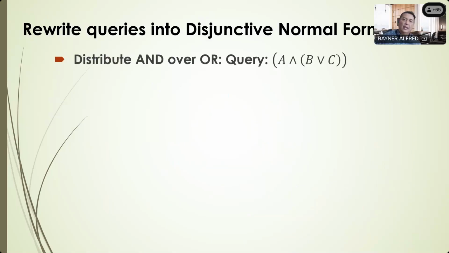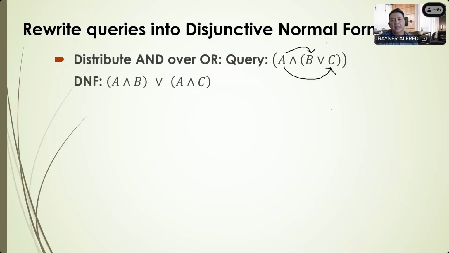Basically, you are combining this and this. So you will have A and B or A and C. So you have 2 components here. These are the expressions that you will have.